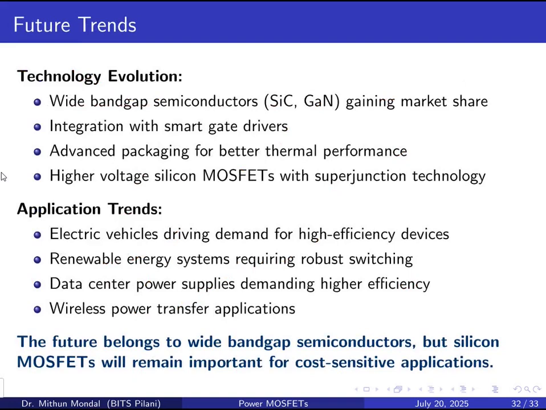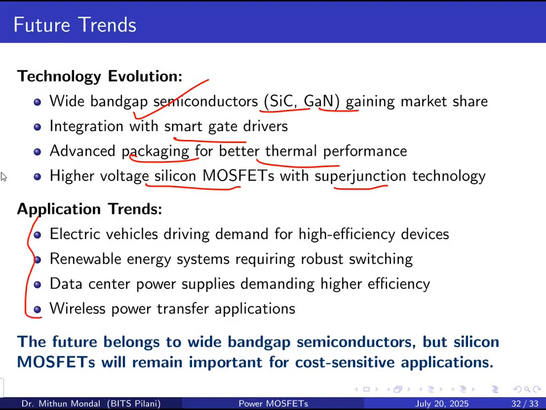So in future trends, we have seen that silicon carbide and gallium nitride, which are wide bandgap semiconductors, are gaining market share. These are integrated with smart gate drivers. We have advanced packaging for better thermal performance, and higher voltage silicon MOSFETs with super junction technologies are the new evolution.